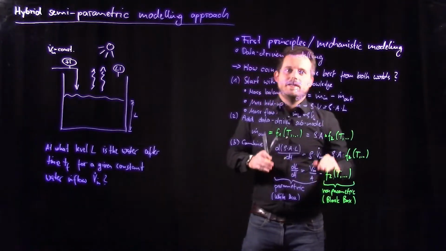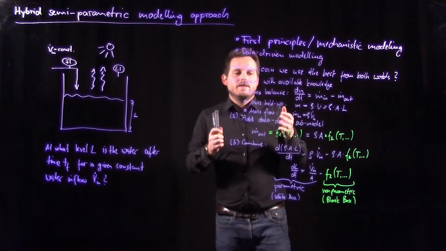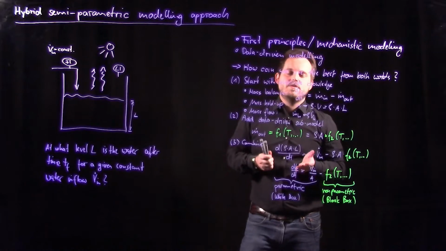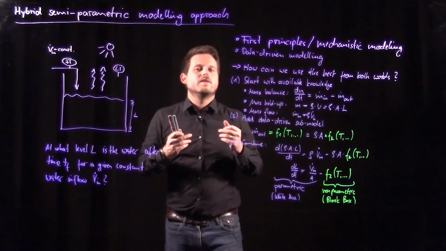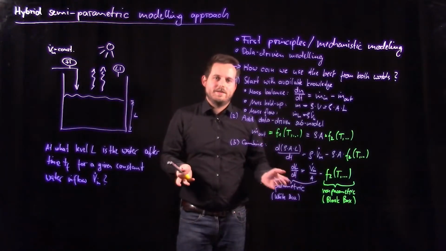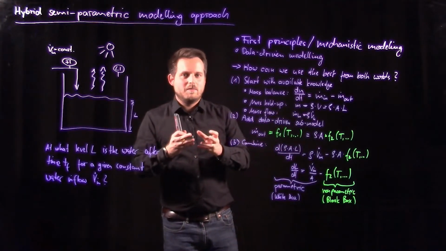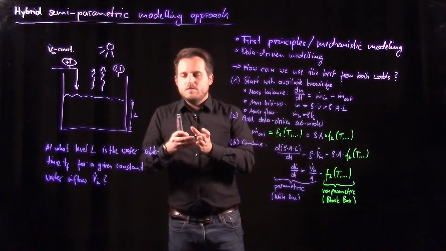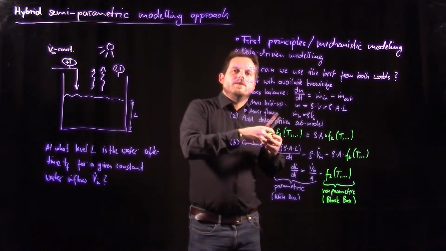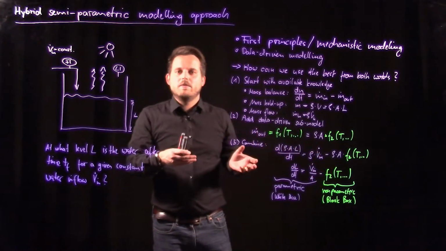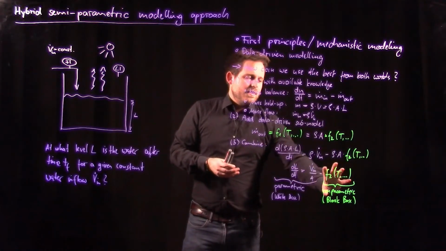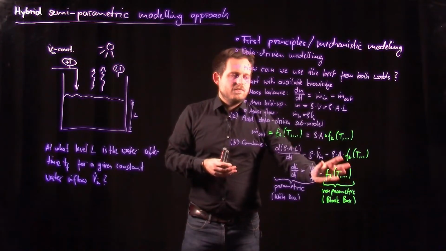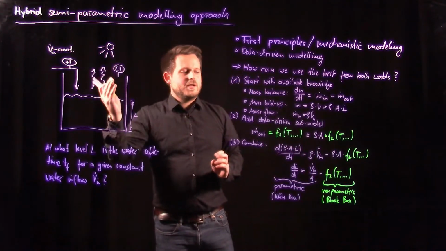And non-parametric actually means that the number of parameters you use in the model and also the meaning of the parameters is not fixed beforehand. So you might change the number of nodes you use in your artificial neural network, and therefore the number of parameters you use changes to describe this function which describes this evaporation effect.